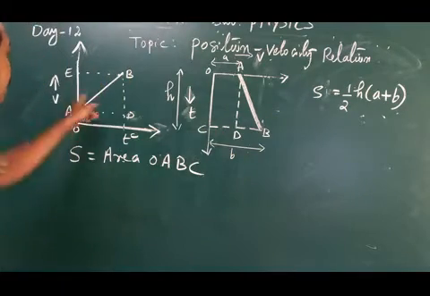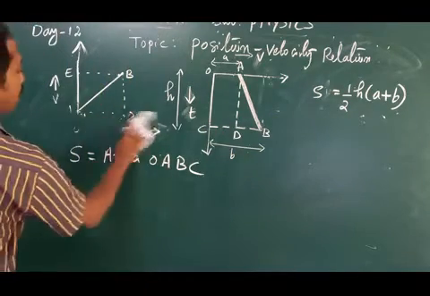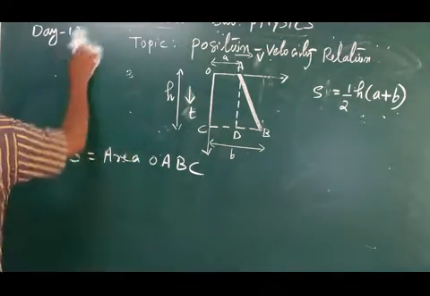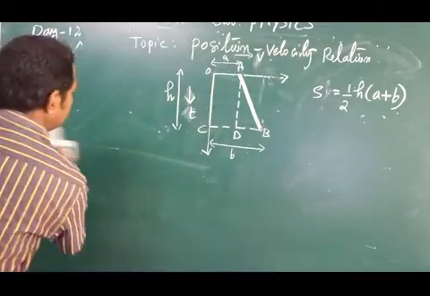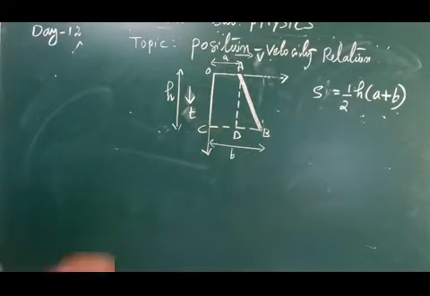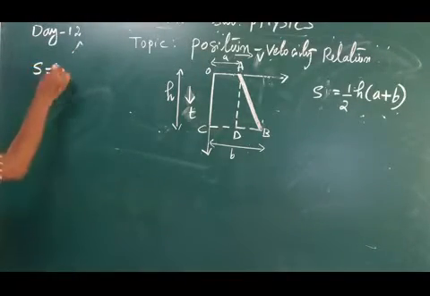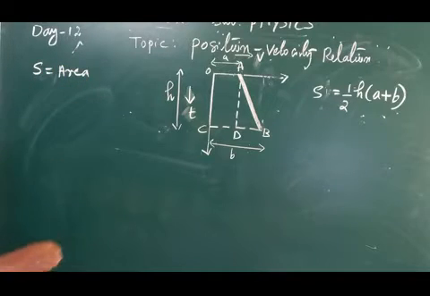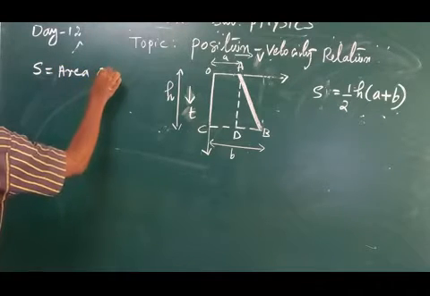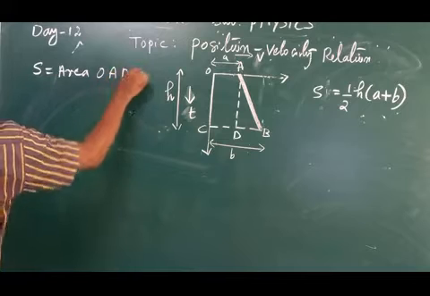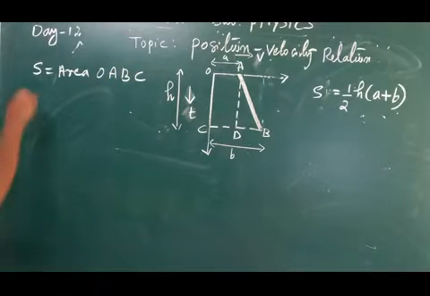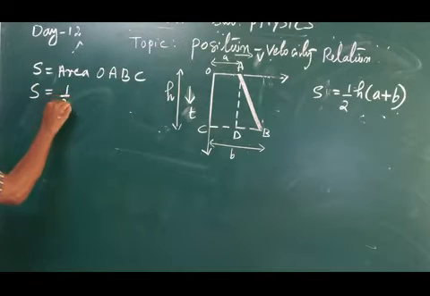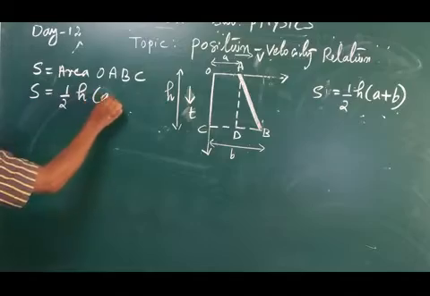This graph, since we don't want it, I am going to remove it. Then we can use the space. S equals area OABC. S equals half h into a plus b.